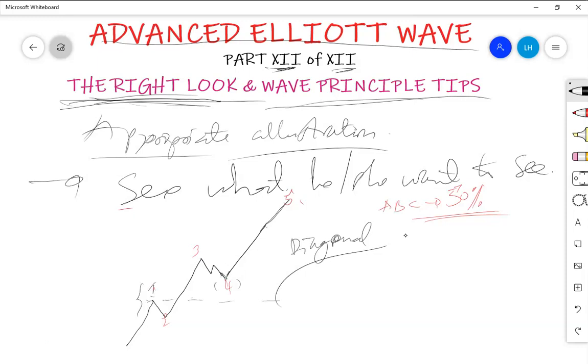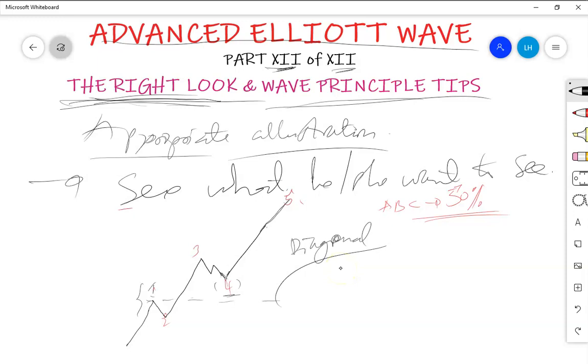That's a special case. But when you are labeling the 1, 2, 3, 4, 5, make sure you look at the level at which the fourth wave ends. It must end slightly above the first wave. So that's the first case on having a right look.